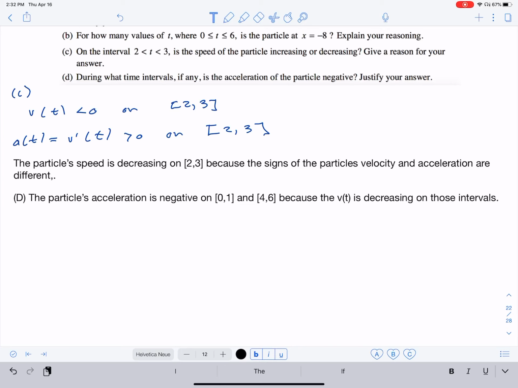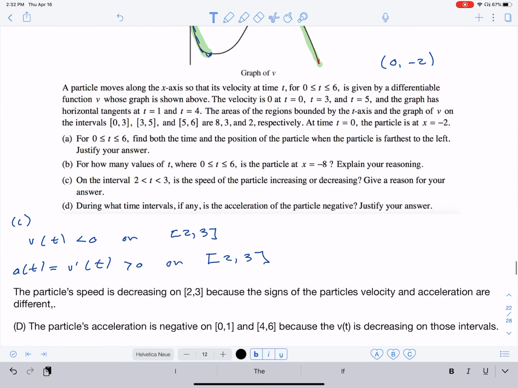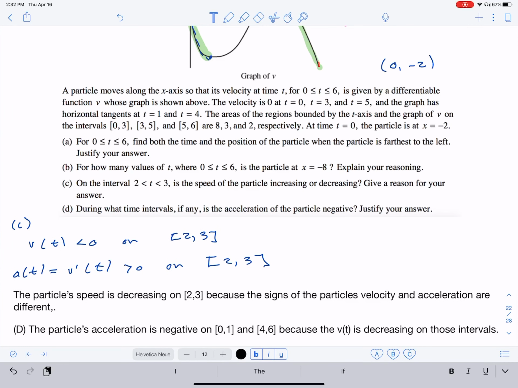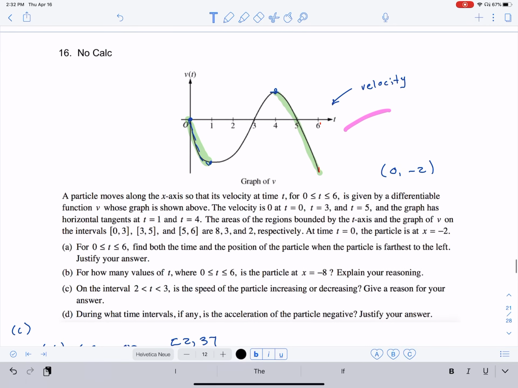For letter D, when we want to talk about the acceleration, if I'm given a velocity function, then I'm looking at the slopes of the tangent lines. So in this case, going back to my graph, the slopes of the tangent lines to the graph are all negative on the highlighted intervals. Therefore, the acceleration was negative.